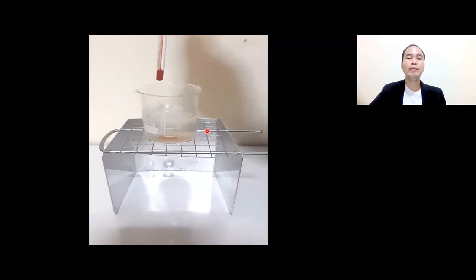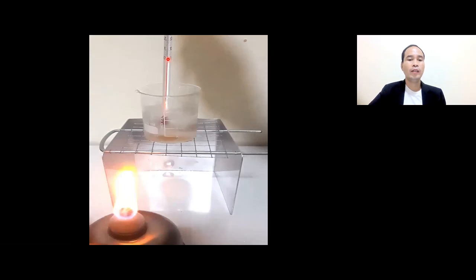In this video, right now I'm placing the thermometer, so make sure that the bulb of your thermometer does not touch this part. Please observe the movement of your alcohol here. As you place the thermometer down, the alcohol also moves down. Most of the time, I want you to observe the movement of your alcohol here.